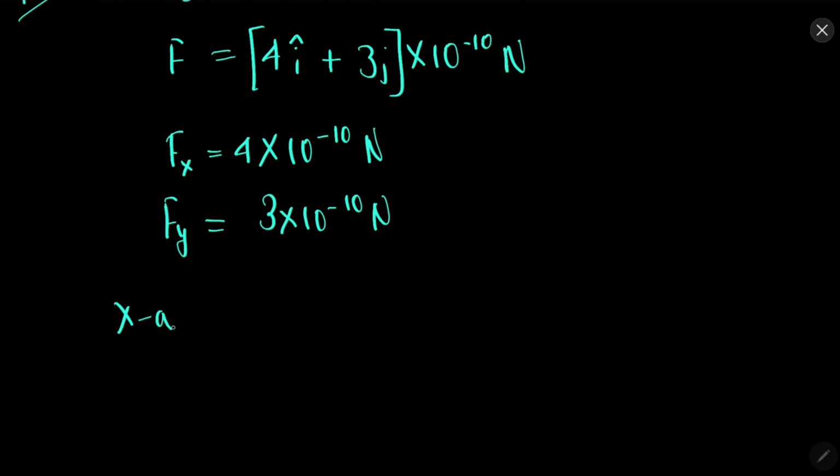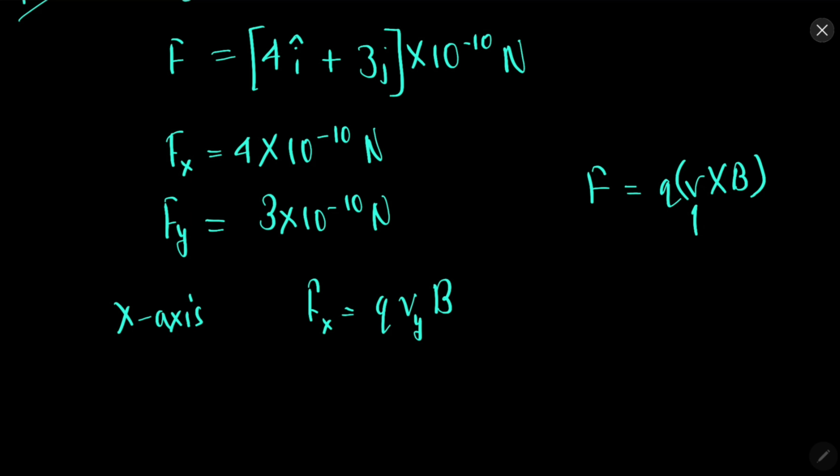Now let's only consider the x axis. So Fx equal to q vy into B. Y velocity is the y component, because remember force and velocity are perpendicular to each other. Force is q v cross B, so v, B and F all are perpendicular to each other in the vector product.